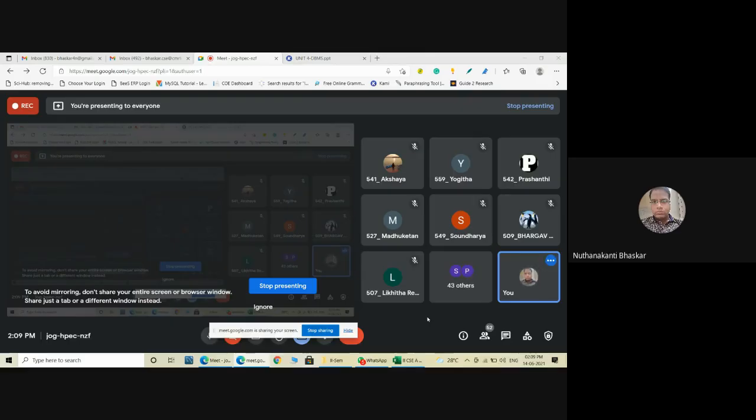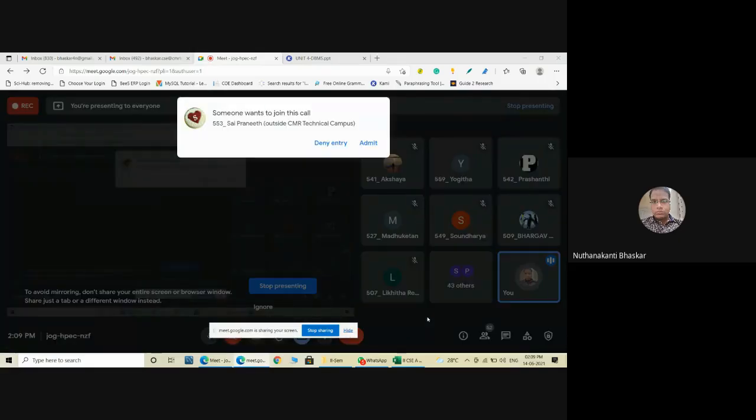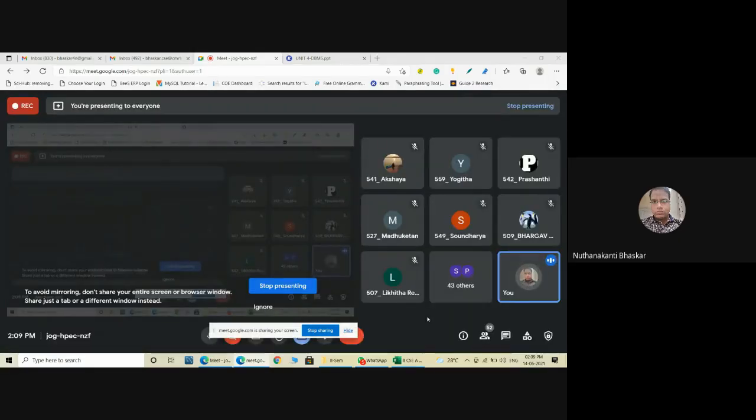These ACID properties are in DBMS, which are not there in the file management system. Tell me, what are the ACID properties in the transaction management system?